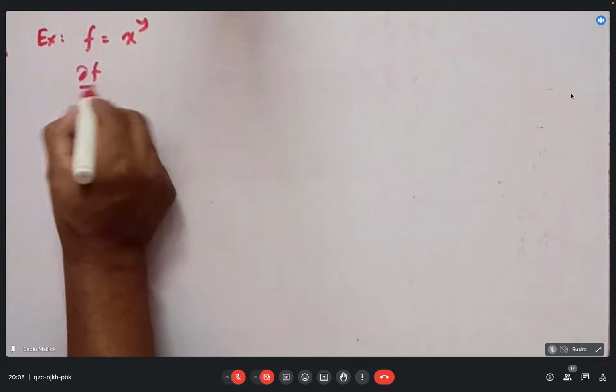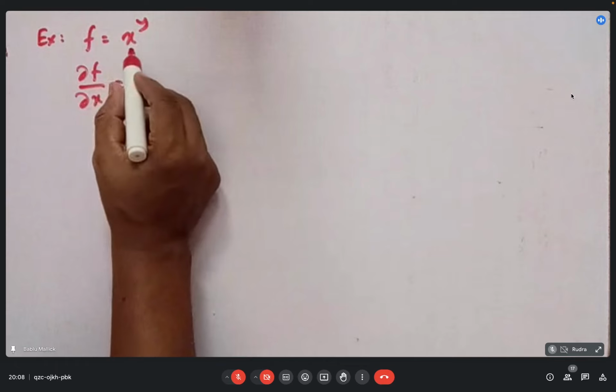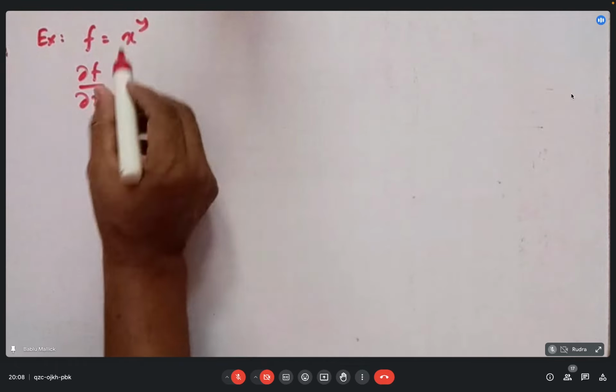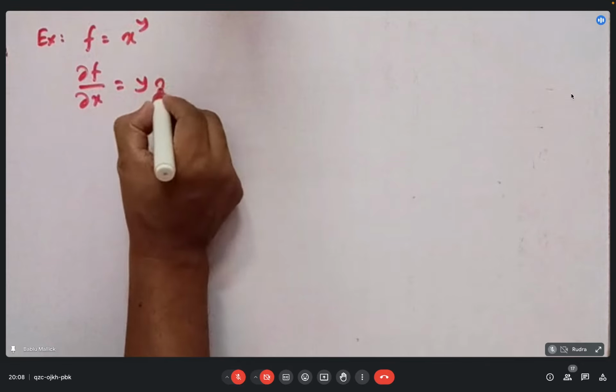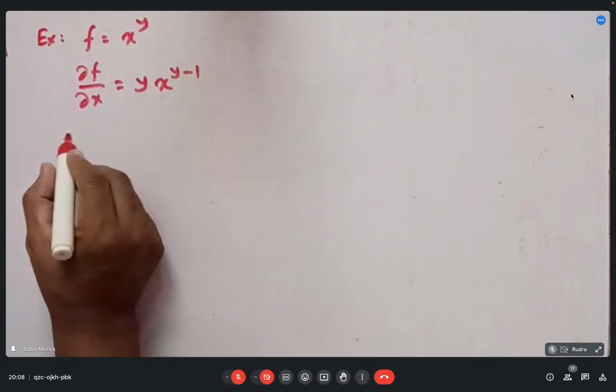Then del f del x, when you differentiate with respect to x, y is constant, so it is y into x to the power y minus 1.